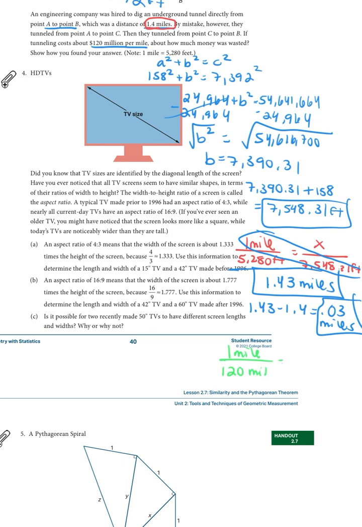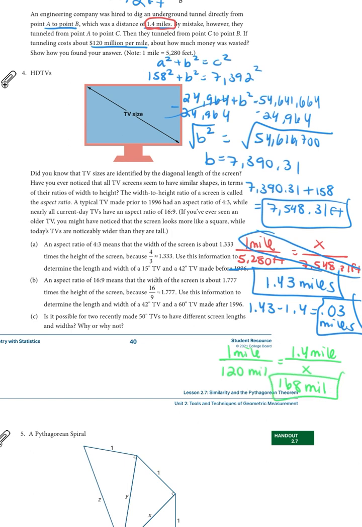And here it was supposed to be 1.4 miles, the ideal distance from A to B. Let's see how much that would have cost. So 120 times 1.4 gives you 168 mil.